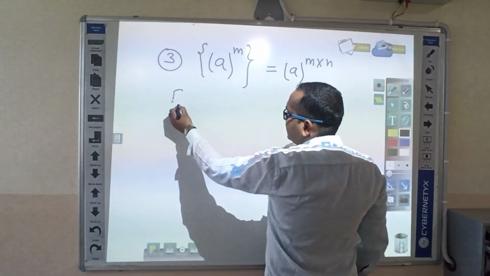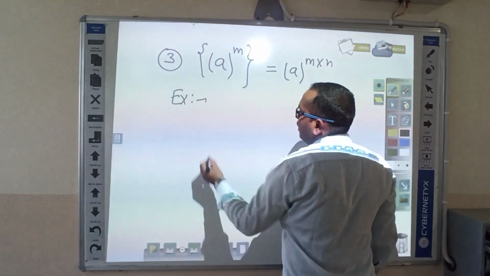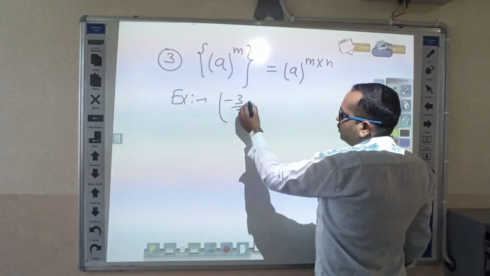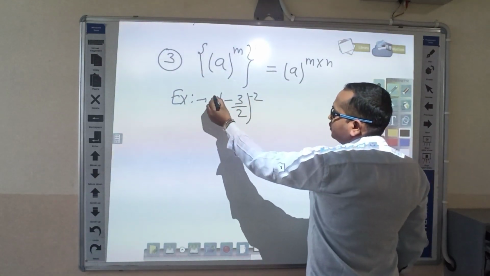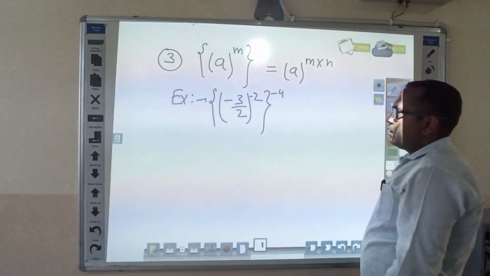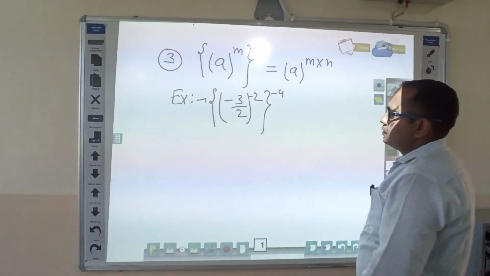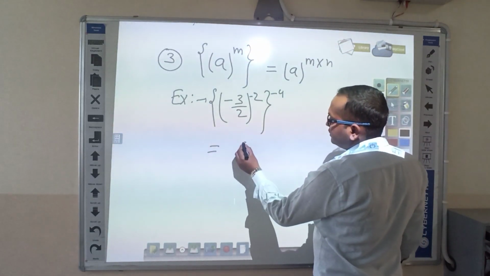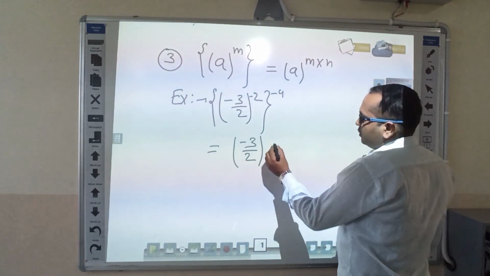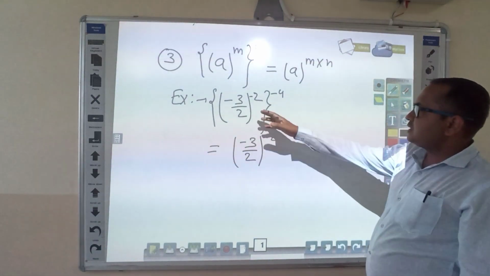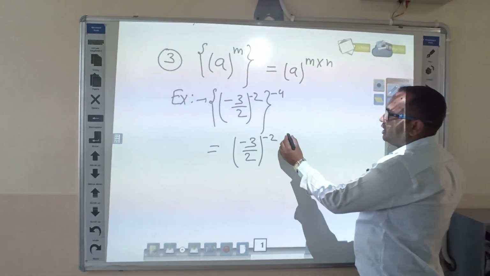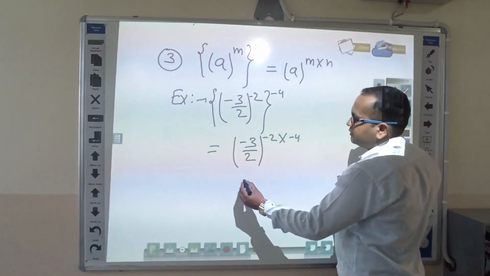The example of this law is minus 3 by 2 to the power minus 2, again to the power minus 4. So the solution of this question is minus 3 by 2, and we multiply the exponents according to the laws of exponent.